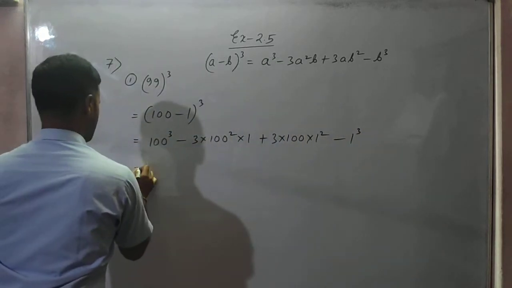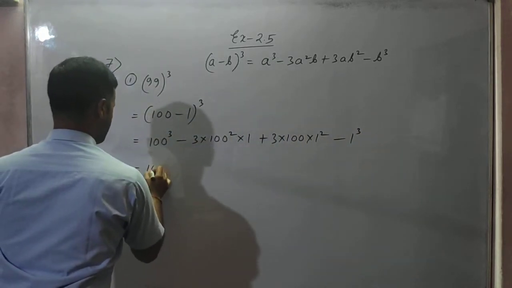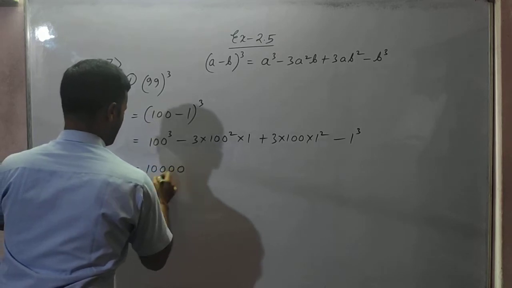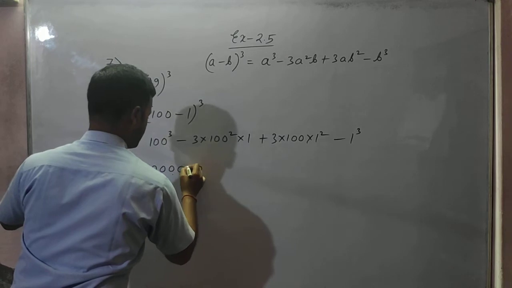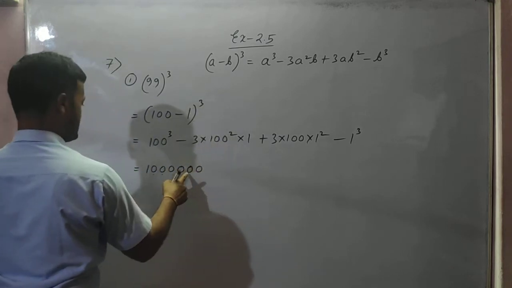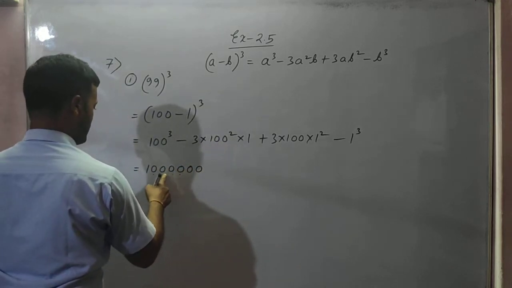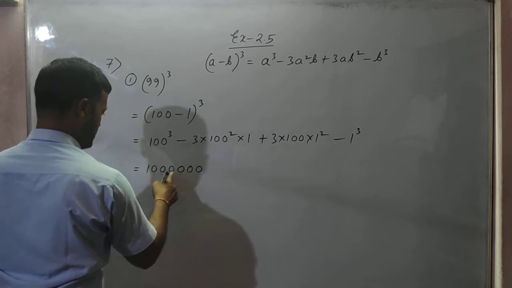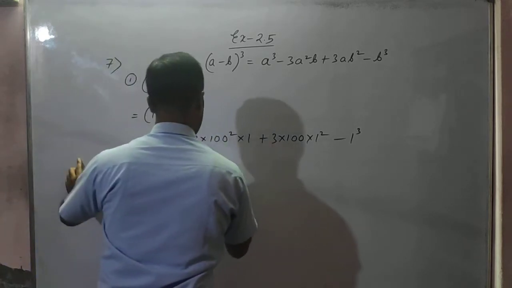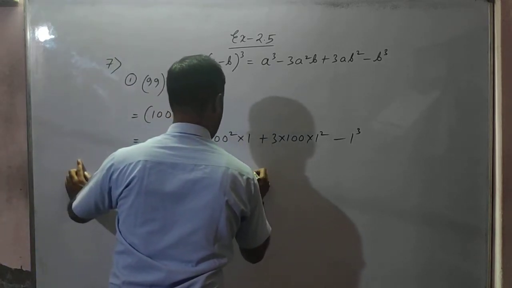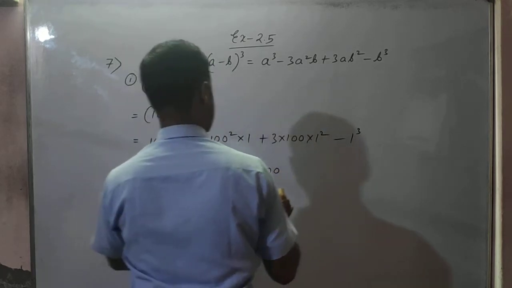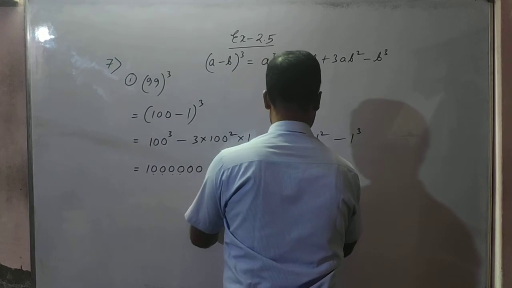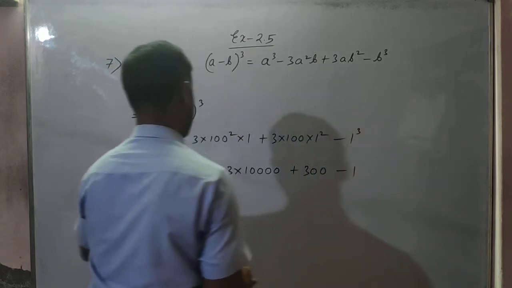So, 100 cube will be 100 into 100 into 100, that is 1,000,000. Minus 3 into 100 square, 100 square will become 10,000, isn't it? Plus 300 minus 1.